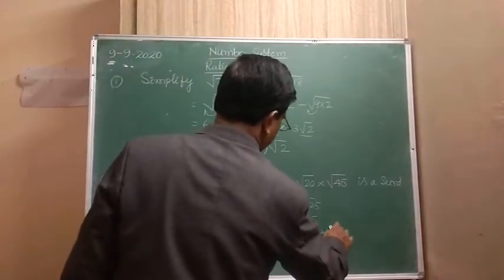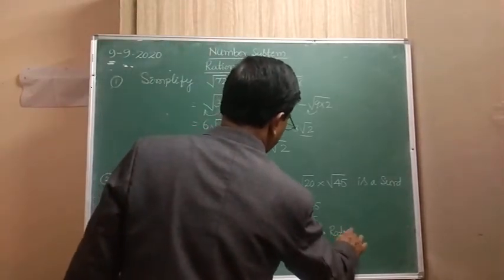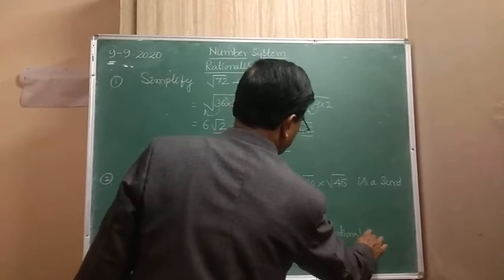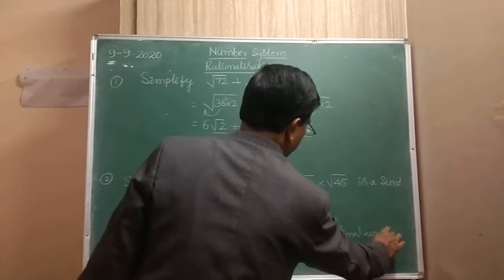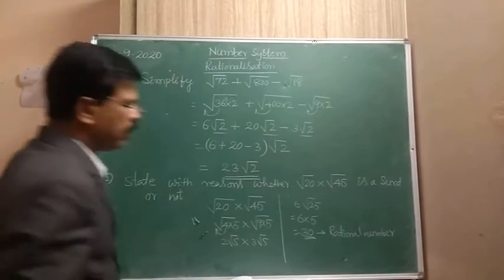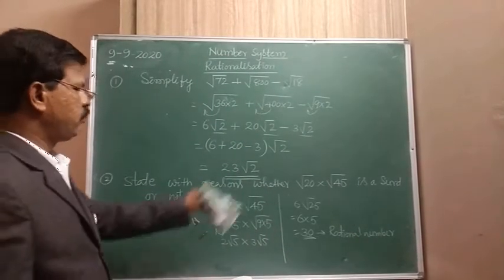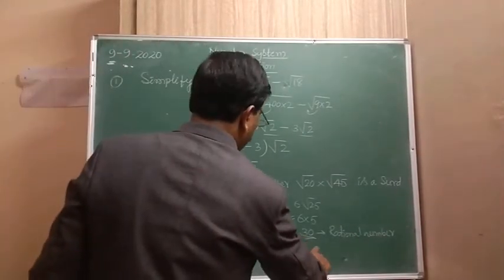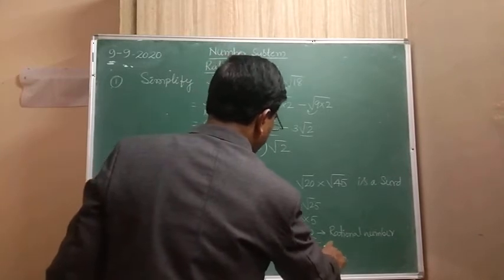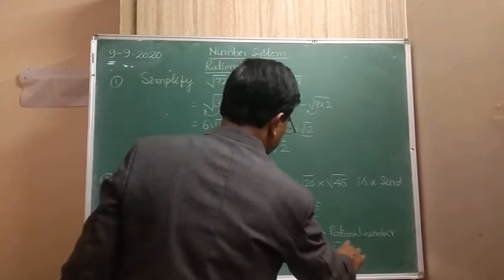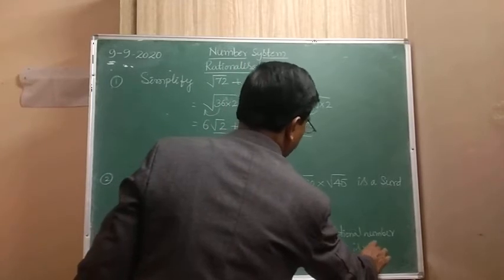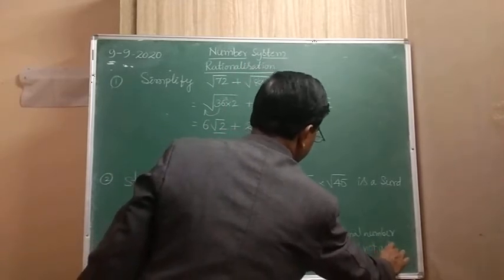This is a rational number. Therefore root 20 into root 45 is not a surd.